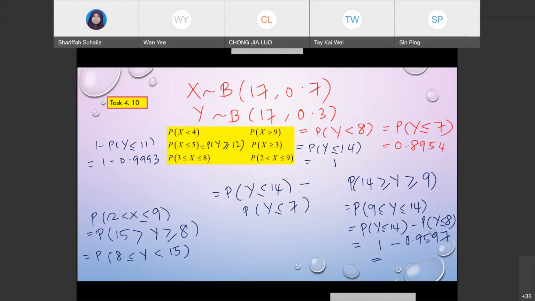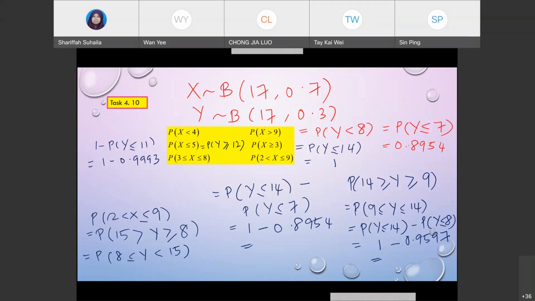Y less than equals to 14 is 1, and y less than equals to 7 is 0.8954. Because you want 2 less than x less than equals to 9, so 8 less than or equals to y less than 15, which does not include 15. So you have probability y less than equals to 14 minus probability y less than equals to 7. Then you get the answer.